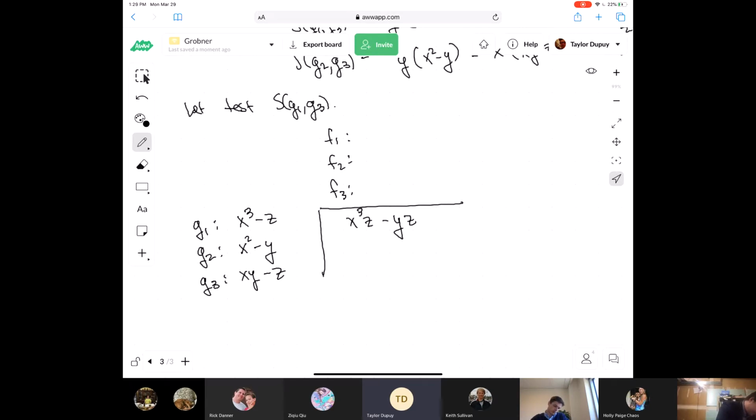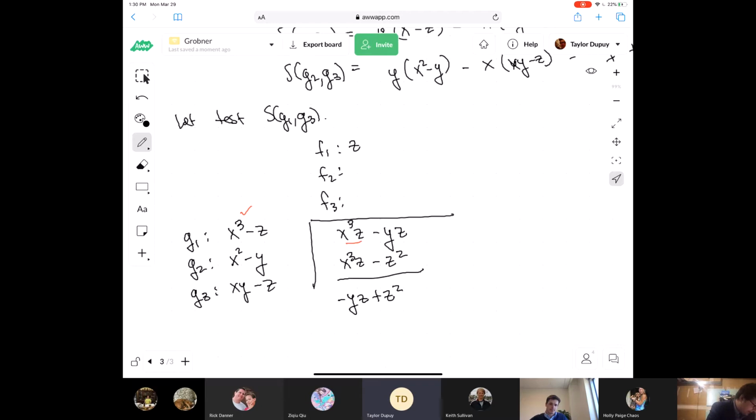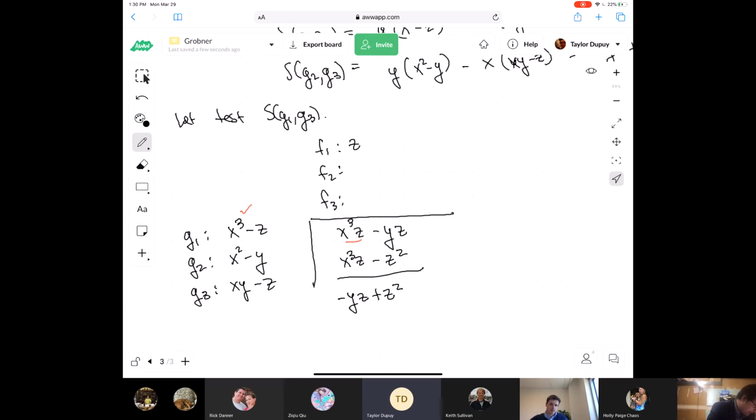The first time through, we get a match, and so we get z, and then x cubed z minus z squared. So this becomes minus yz plus z squared. I guess we don't have any matches anymore.